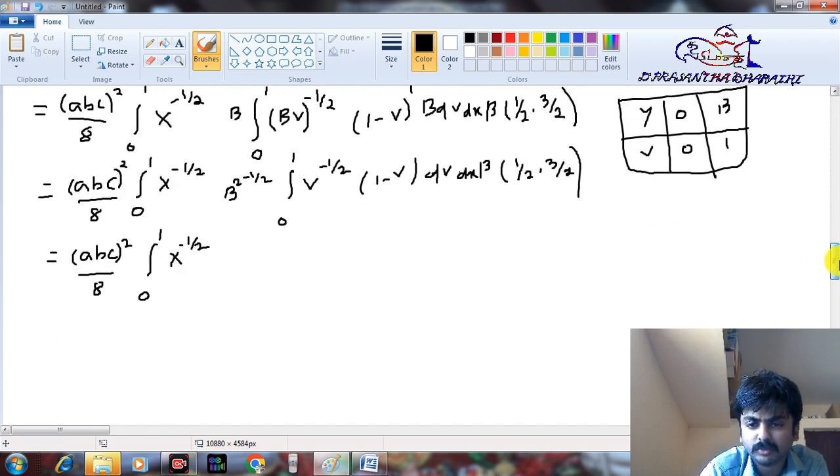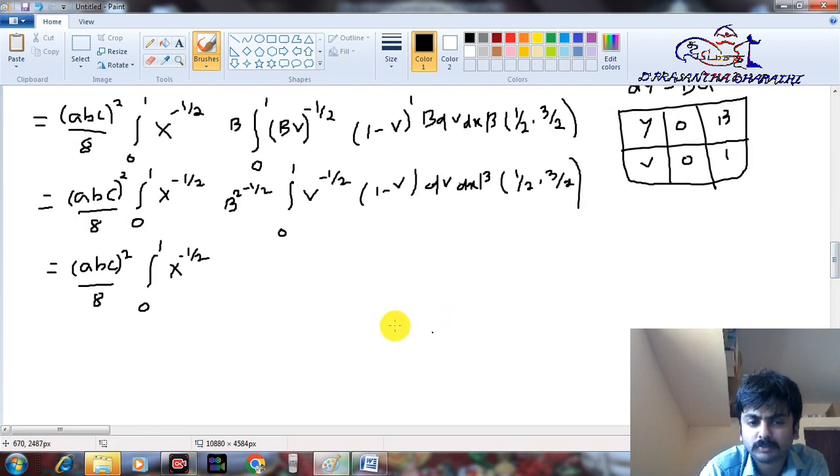Okay, here it is dx, x power minus 1 by 2 b power 3 by 2 into integral 0 to 1 v power minus 1 by 2, 1 minus v whole power 1, which is in the structure of x power m minus 1, 1 minus x whole power n minus 1 dx.